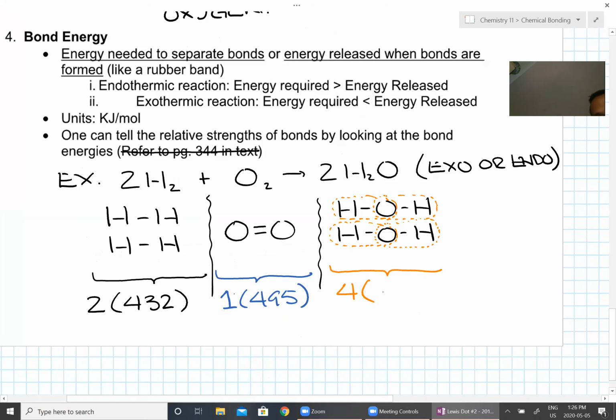So 4 times 467. If we add these up, this would be 1,359 kilojoules of energy absorbed.